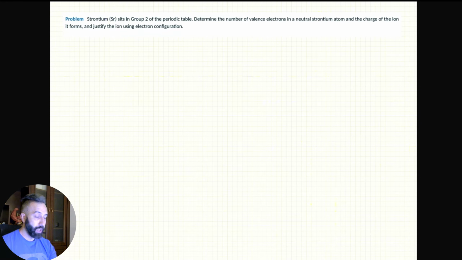Now, we have a bunch of examples here. You will see the questions in this chapter also include questions from the previous chapter, and a lot of questions from this unit. So it's not really possible to do all of them, but there are some good ones right here. Strontium sits in group 2. Determine the number of valence electrons in a neutral strontium atom and the charge of the ion it forms, and justify the ion using electron configuration.